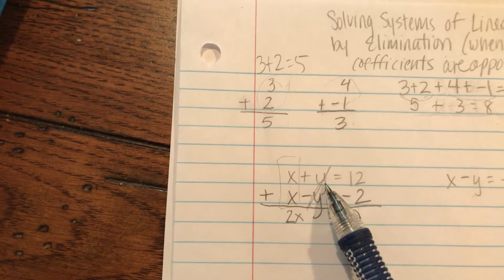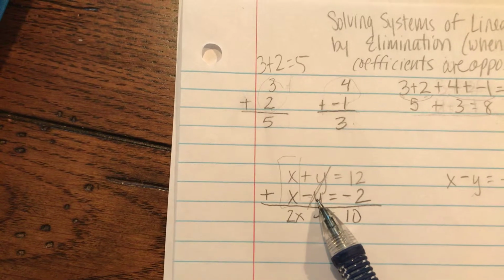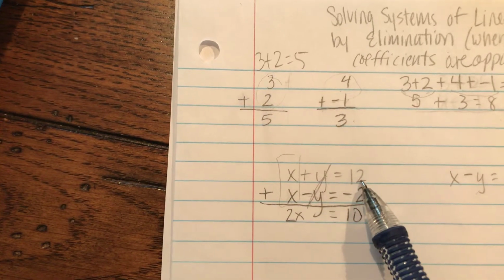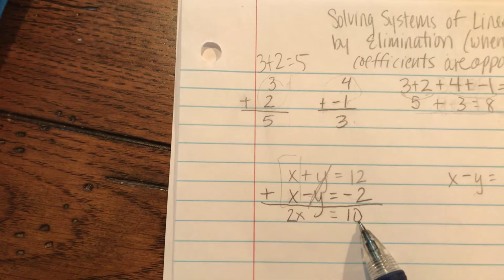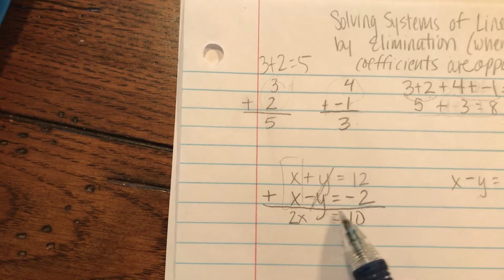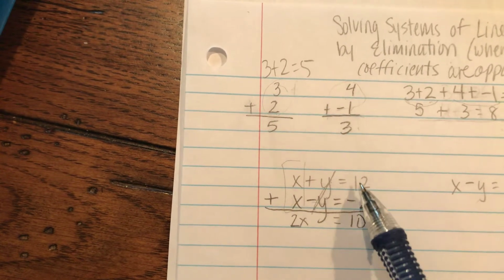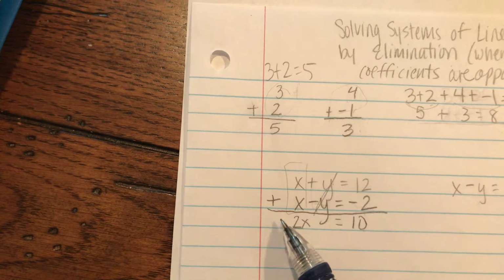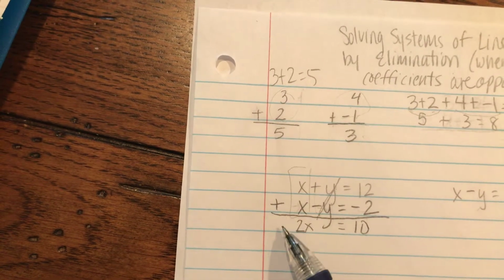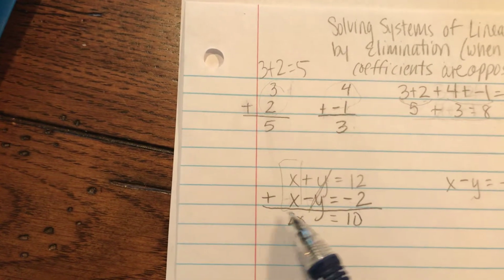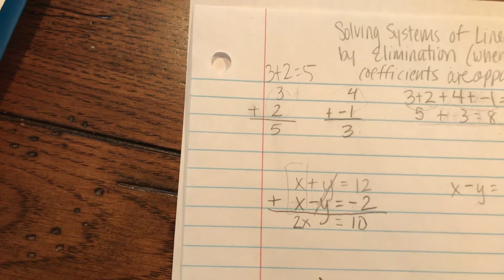So I could have said y plus negative y equals 0, and I could have said 12 plus negative 2 equals 10. Adding a negative is more complicated to me than just subtracting, so I like to just use whatever sign is given. If this were a negative x, I would have subtracted x instead of added them. I hope that that's clear. You're just using whatever sign you're given to either add or subtract.